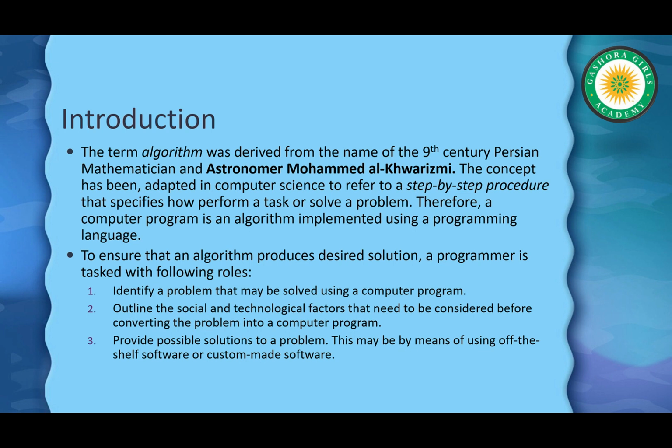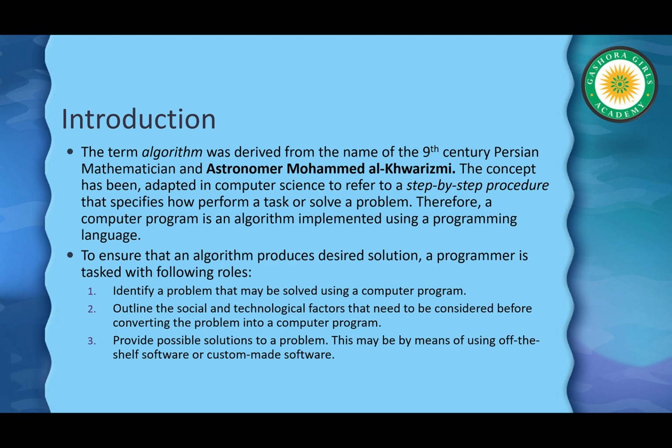After outlining the social impact, you need to provide possible solutions to a problem. This may be by means of using off-the-shelf software or custom-made software. So here, you have identified the problem, you have identified the social impact.